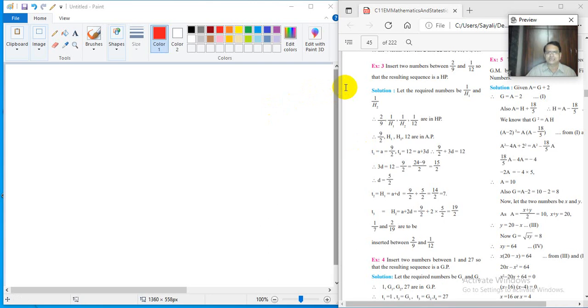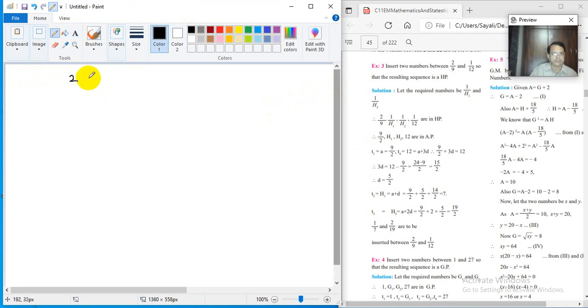In the second problem, they have asked: insert two numbers between 2 by 9 and 1 upon 12 so that the resulting sequence is in HP.